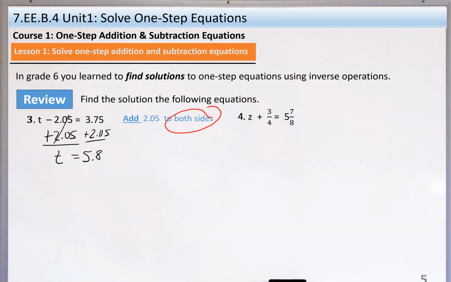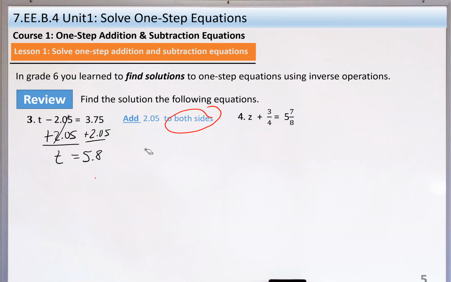The 2 and 5/100 cancels out. Now remember, you have to line up your decimals when you add decimals. So I get, that's actually 6. No, it's right, it's 5.